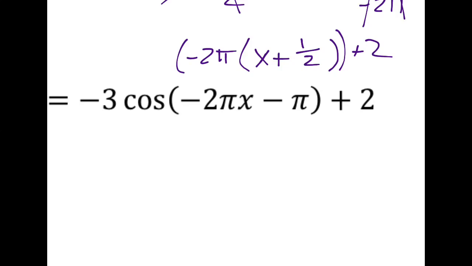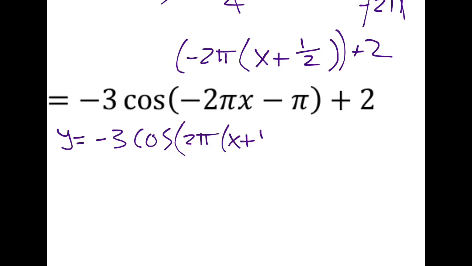Cosine of x and cosine of negative x will look exactly the same. It's even. That's what that symmetry means. So this function is actually y equals negative 3 cosine of 2 pi x plus 1/2 plus 2.